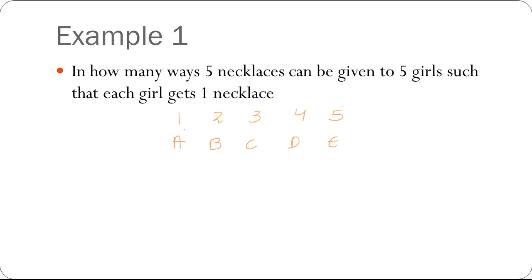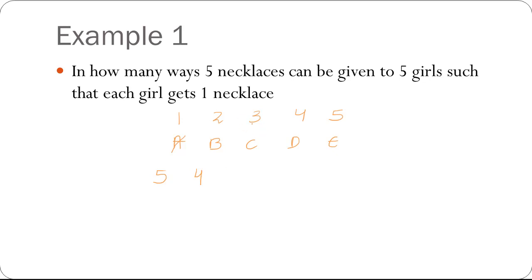So there are 5 ways of giving the first necklace. Now let's say the first necklace is given to A. Okay, so A is gone. Now the second necklace can be given to B, C, D or E. So there are 4 ways of giving the second necklace.